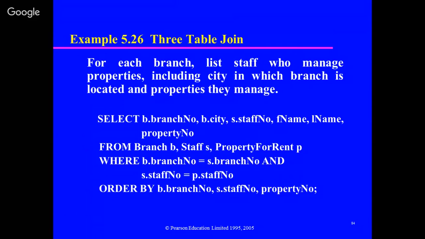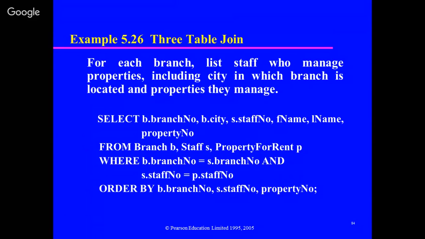They have no other function. And as I said, in the where clause, I have to specify the link, the join condition. So I have 2 join conditions: B.branchNo = S.branchNo, and S.staffNo = P.staffNo.